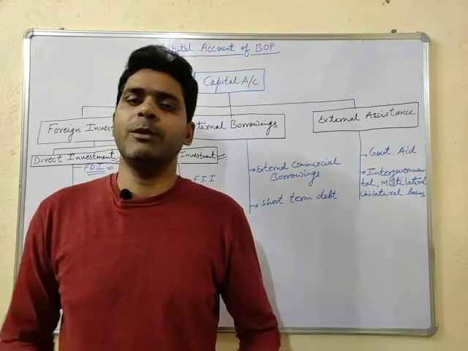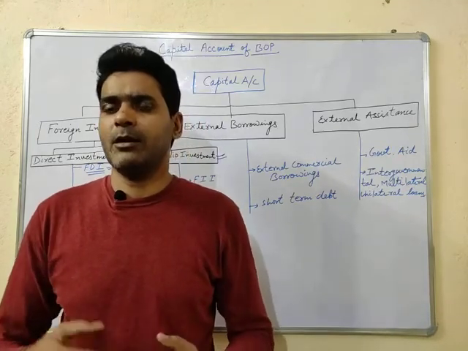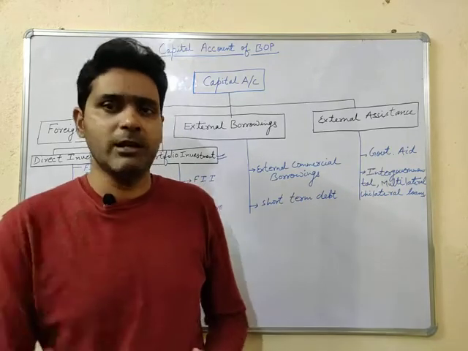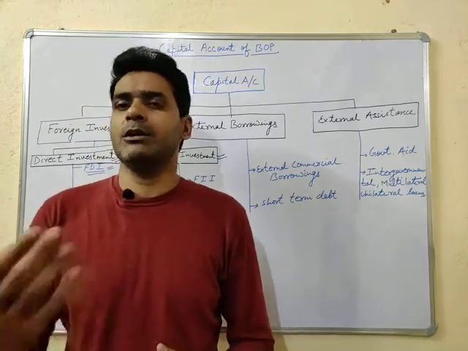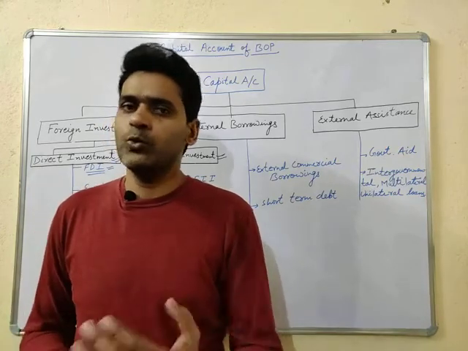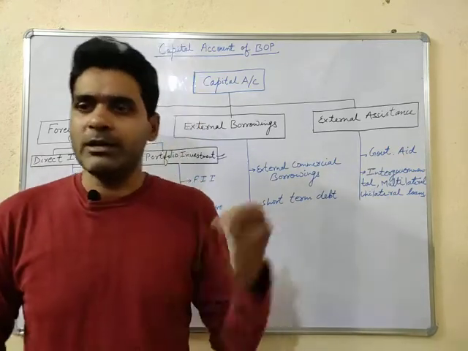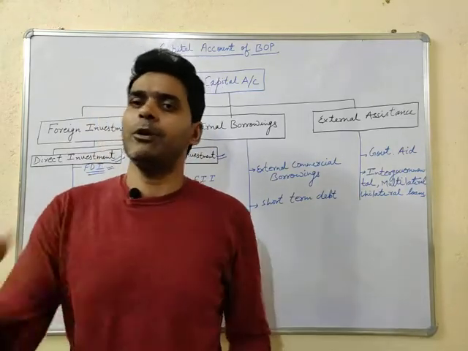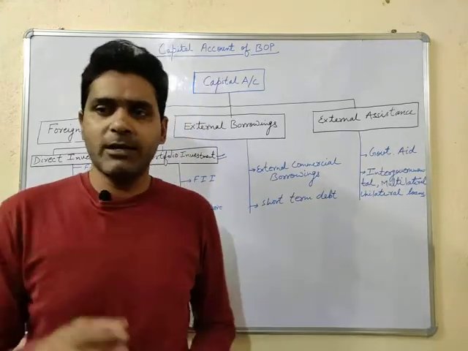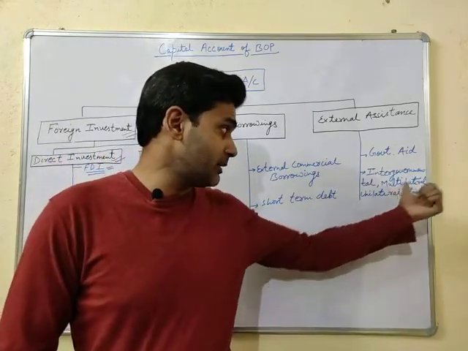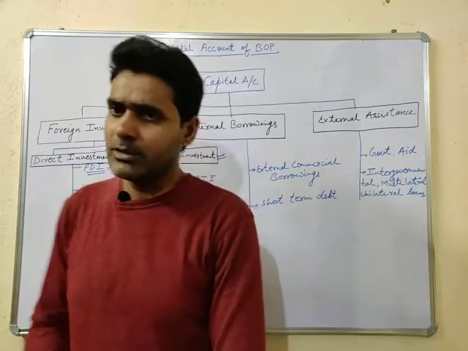As I have told you many times, anything which we are doing at the international level, anything which we are doing in the international market, is done through foreign exchange only. And here in balance of payments, we are dealing with the inflow and outflow of foreign exchange. So that is why we are taking this government aid, intergovernmental, and multilateral and bilateral loans.